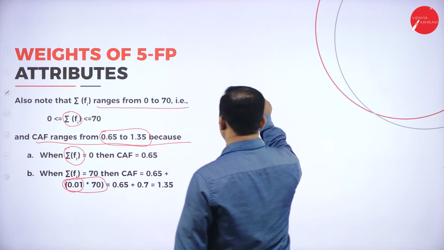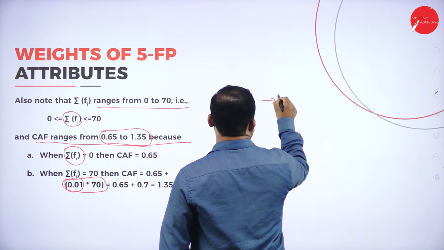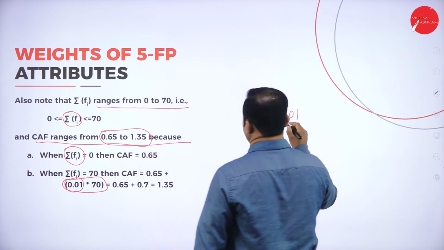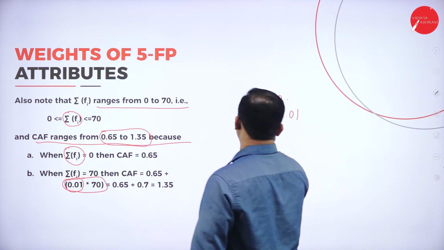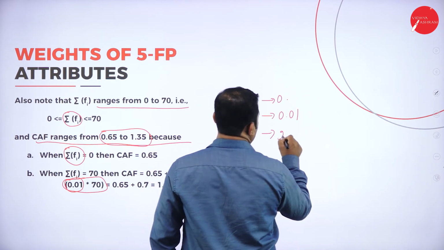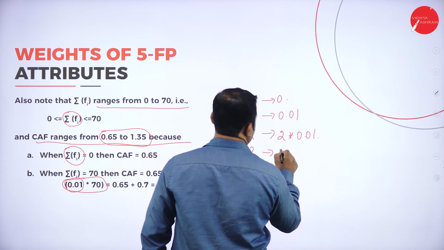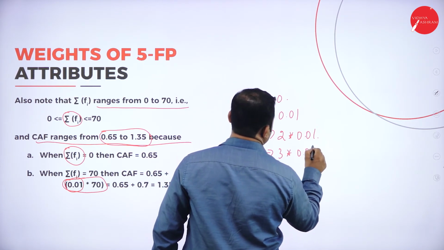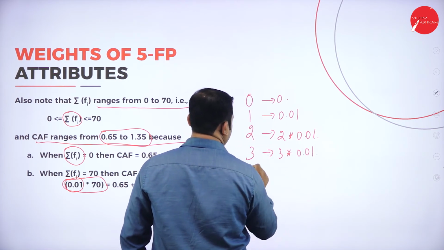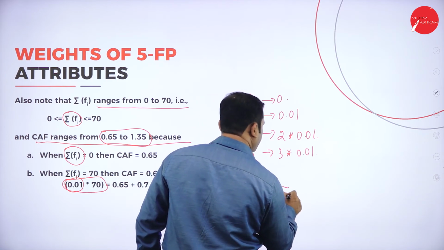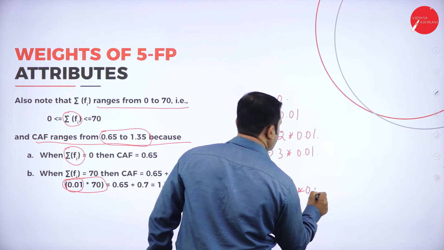That is this point. When it is equal to 0, we have 0. When it is 1, we have 0.01. Similarly, when we have 2, we say 2 into 0.01; 3, we have 3 into 0.01; then similarly up to 70, which turns out to be 70 into 0.01.